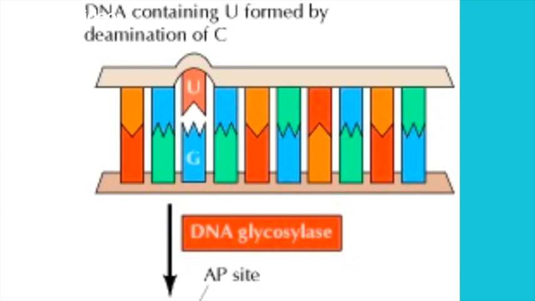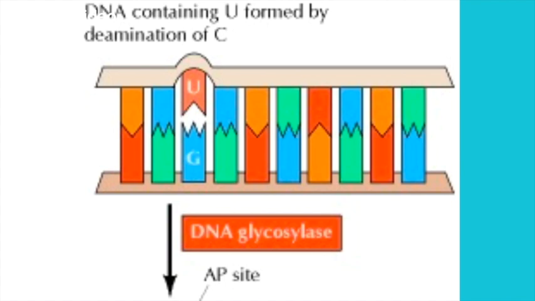A DNA glycosylase is an enzyme that will break the glycosidic bond present in the nucleotide. Now, where is this glycosidic bond? Let me remind you all that in the structure of DNA, you might have studied that a nitrogenous base is linked to the sugar molecule by means of an N-glycosidic linkage.